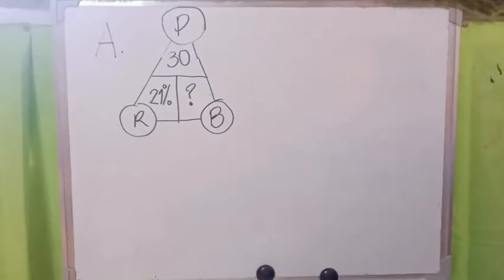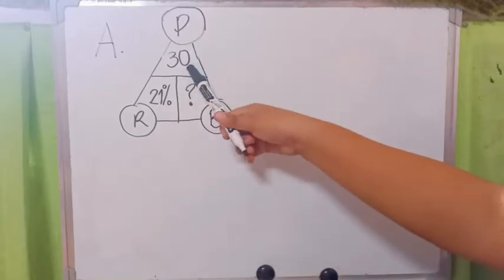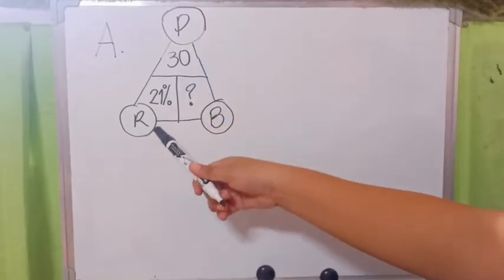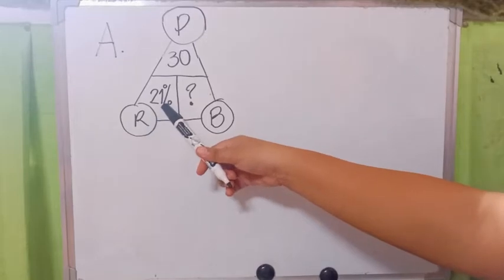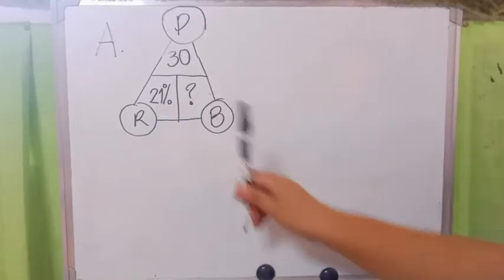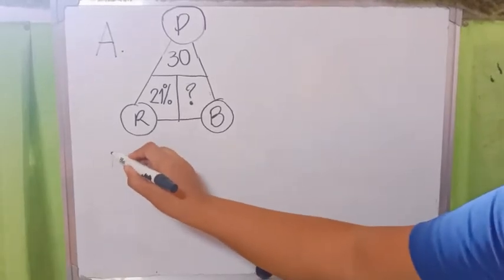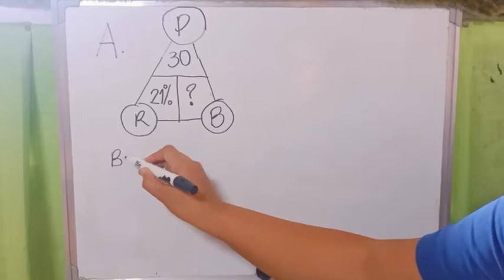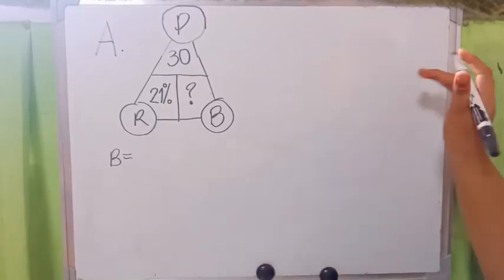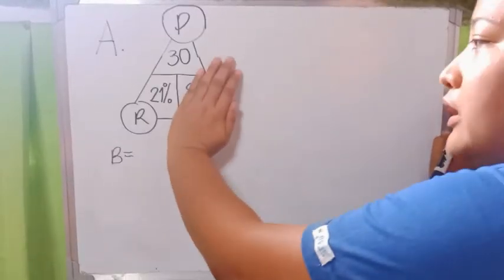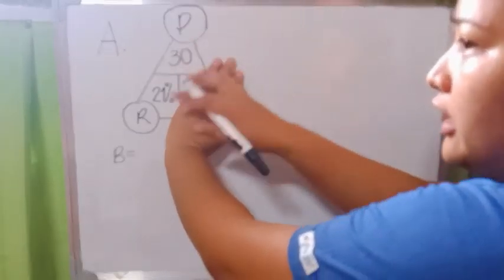Okay, as you can see in our letter A, we have the percentage which is 30, our rate 21%, and the base is missing. So what is the formula we will use? Again, by looking at our triangular shape, we need to cover the letter B and look at the remaining.